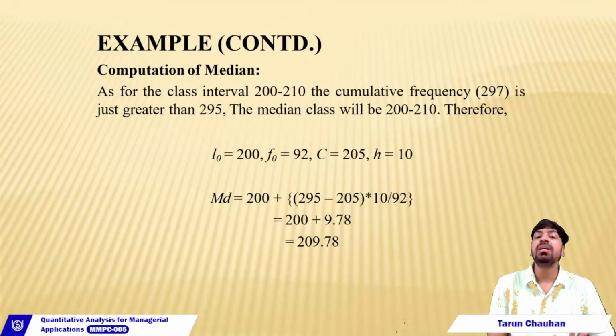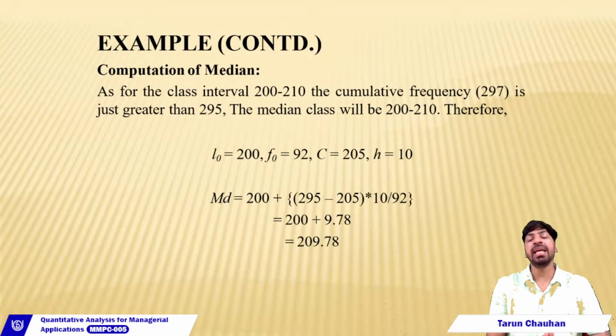I repeat, the formula to calculate the median is lower limit plus n by 2 item or term minus CF, by F, into H. H or C is the width of the class interval, or you can say the common difference of the class interval, that is 10.